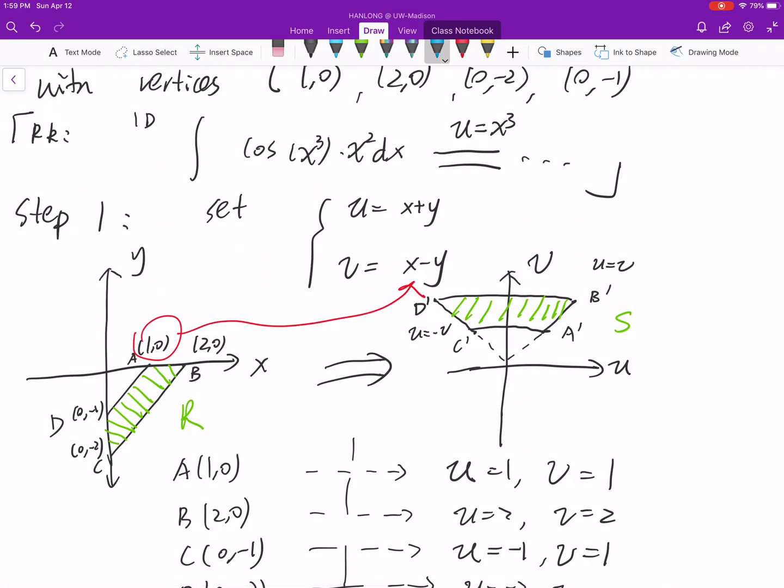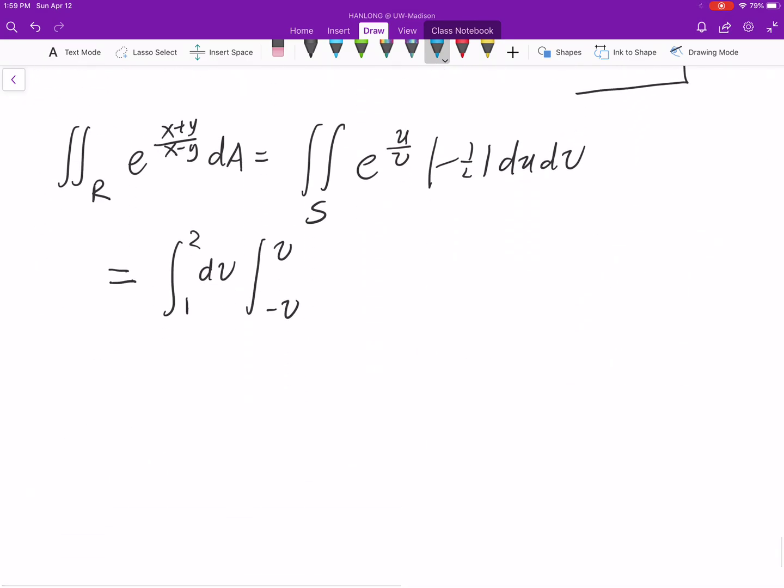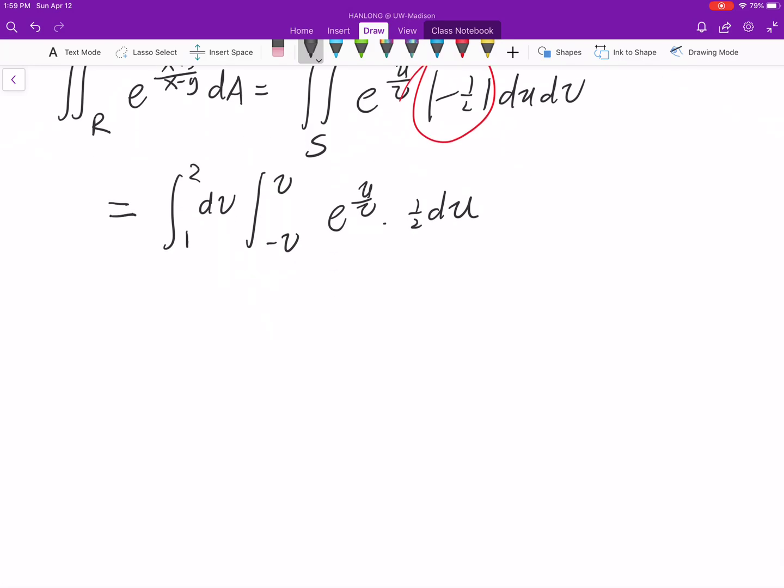So here you can have this one, v times 1/2 times exponential of u over v. Don't forget the absolute value here, du. Then the u integral is just a standard exponential function.